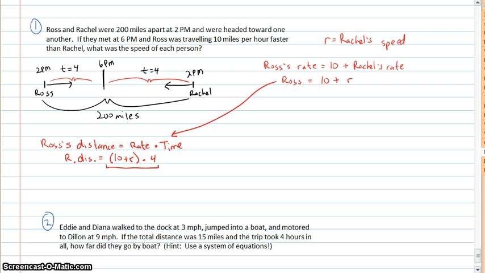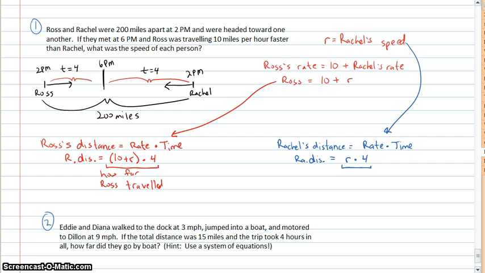So this represents how far Ross traveled. Now let's look at Rachel. Rachel's distance equals her rate, which is R, multiplied by her time, which is 4. So this is exactly how far Rachel traveled.